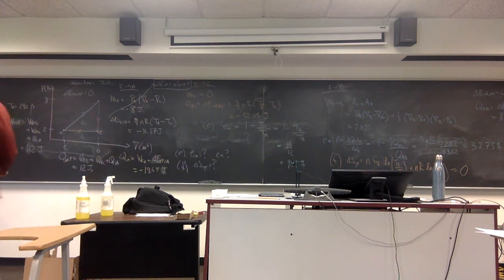Must be equal to TC, VC to the gamma minus 1. So here you know what VC is, you know what VA is, you know what TA is. Exactly. So now it's called TC. Good.